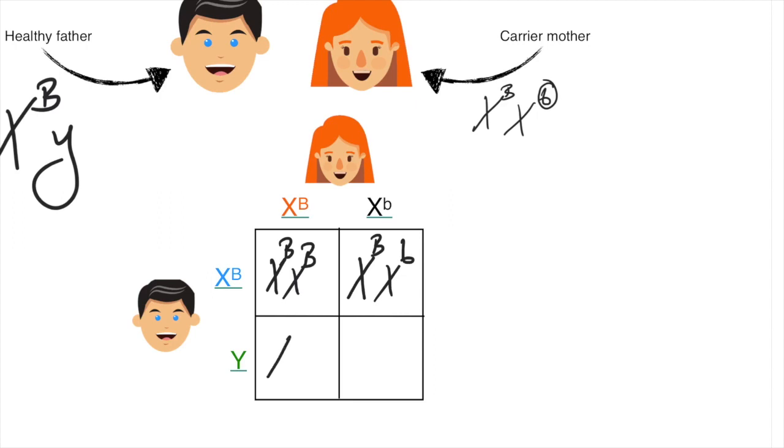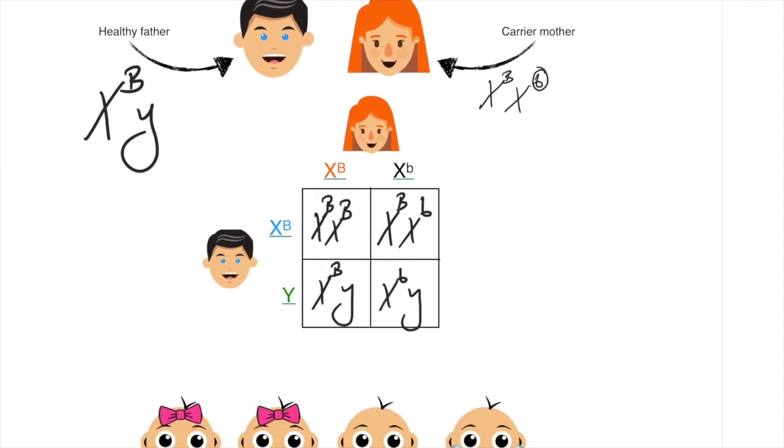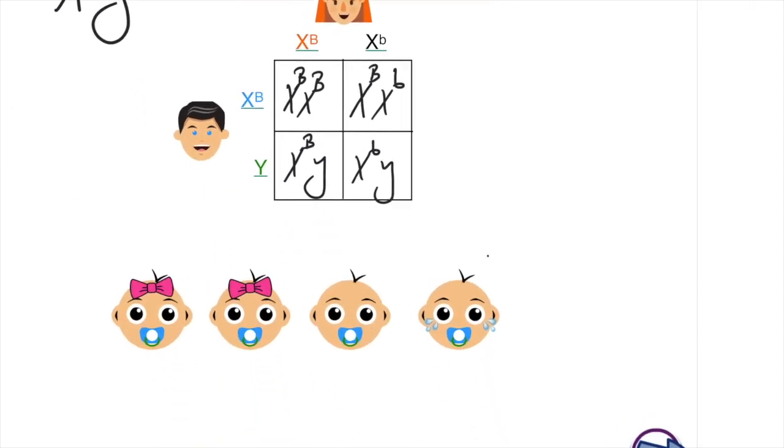The boys could be either healthy, like this one here, or could be a colorblind boy. So 1 out of 4, or 25% of the children are likely to be colorblind if the mom was a carrier and the dad was healthy.